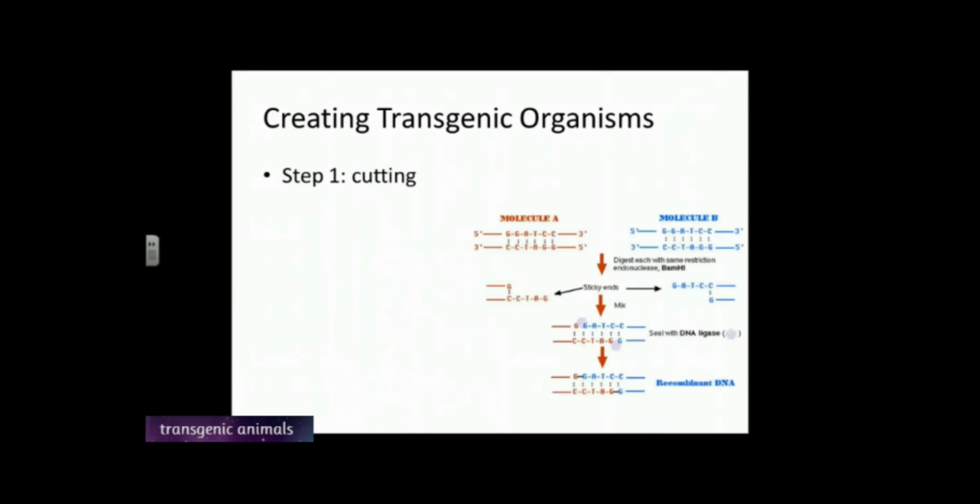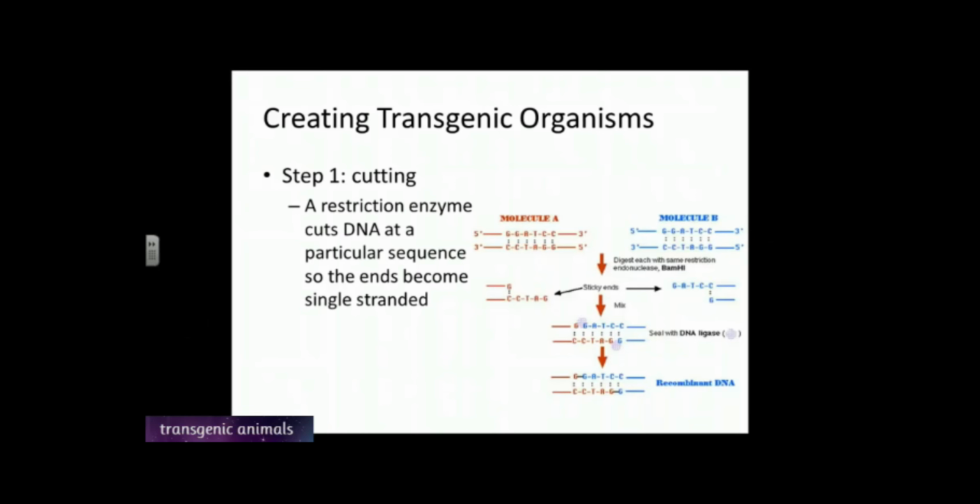So step 1, cutting. A scientist cuts DNA with a special molecule called a restriction enzyme. A restriction enzyme is a chemical that cuts the DNA in a very specific place.